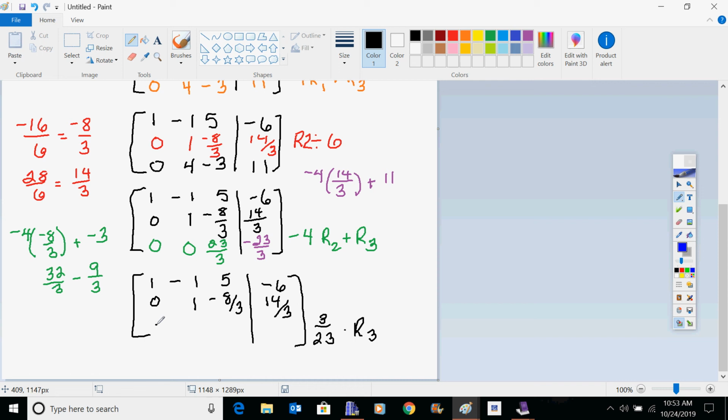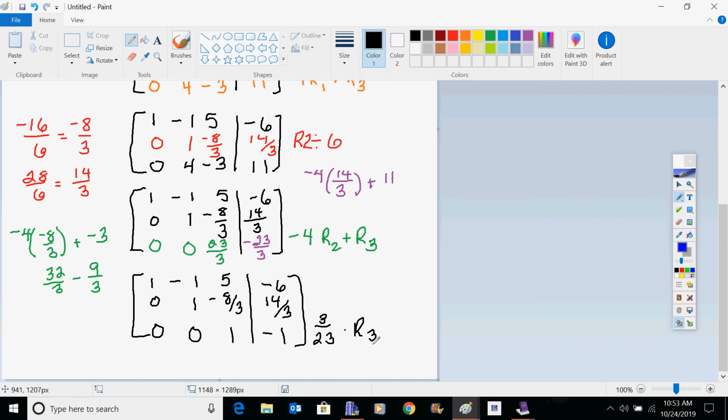Yes, because 0 times anything is 0. 23 over 3 times 3 over 23 gives us 1. And then negative 23 over 3 times 3 over 23 gives us negative 1.